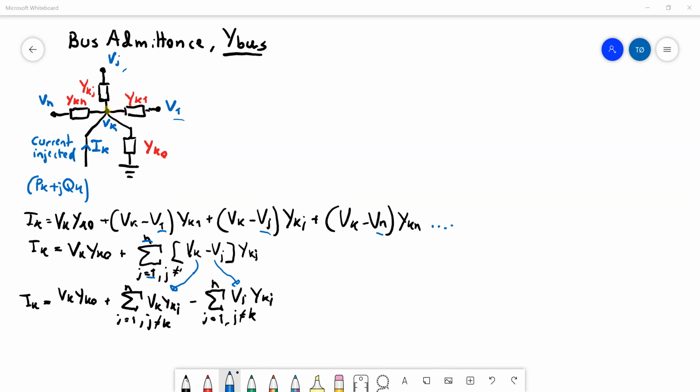So we could also define the self-admittance in this fashion, this YKK, which means all admittances connected to the node K. That means YK0 plus the sum, J equal 1, J cannot be the same as K, to N, of YKJ, like this.